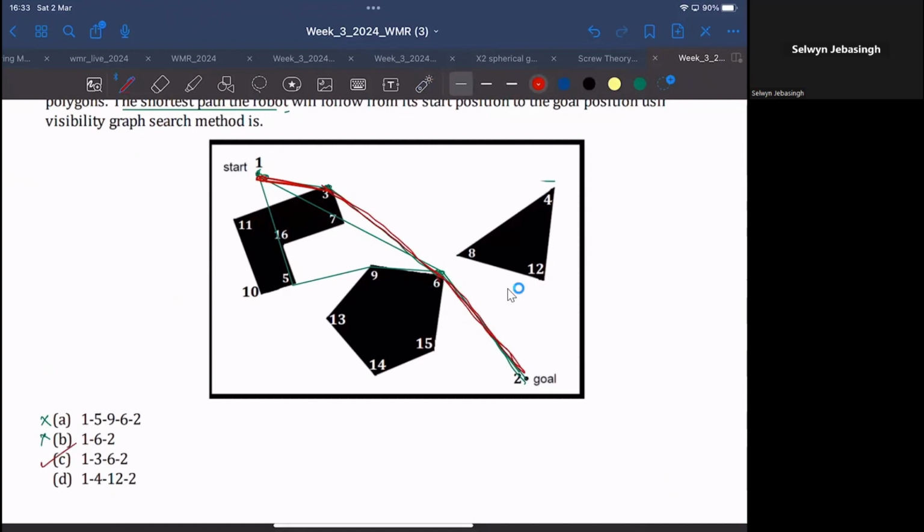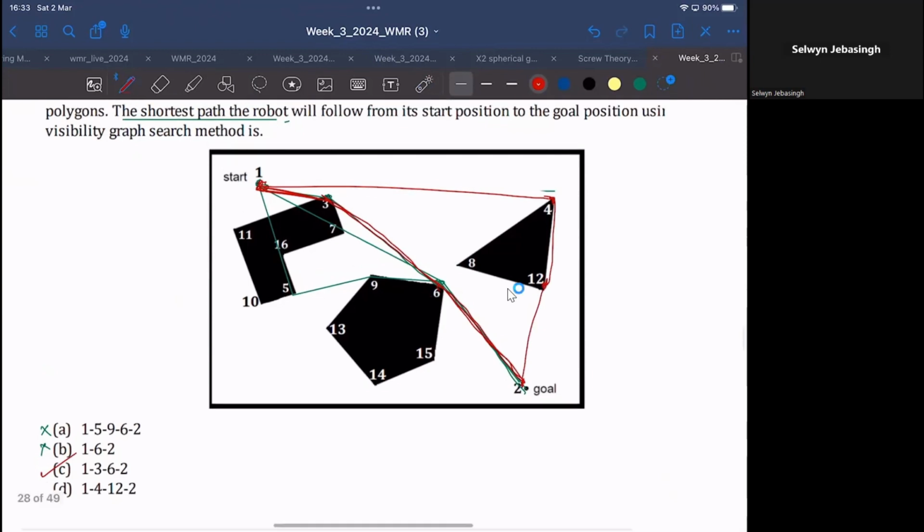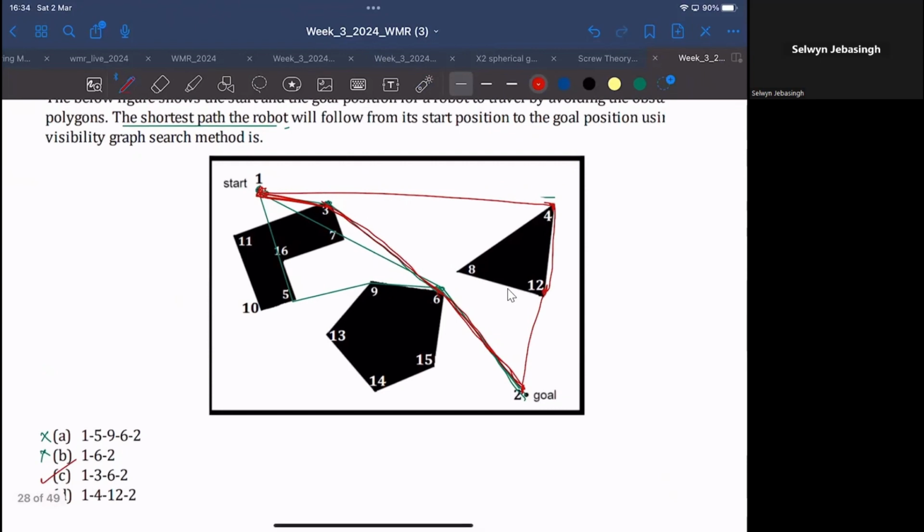What about the final option? 1, 4, 12, 2. So this is 1, this is 4, this is 12, this is 2. What do you think is the path that has the shortest distance? Obviously, it will have to be this path, right?